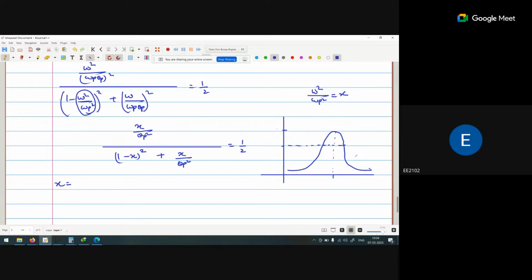Here we are saying the magnitude is 1 upon root 2 times the maximum, and with respect to this we get the two frequencies ωC1 and ωC2. So you can solve that. Along with that, they calculate the value of x1 and x2. I think up to this point the professor will discuss the responses.